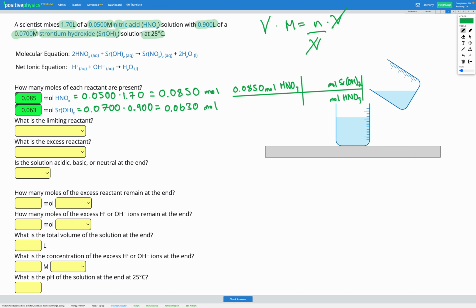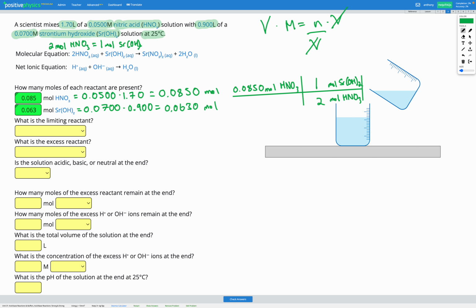So our conversion factor is going to be given from our equation. It's going to be 2 moles of HNO3 is equal to 1 mole of Sr(OH)2. So we're going to have 2 with the moles of HNO3 and 1 with the moles of strontium hydroxide.